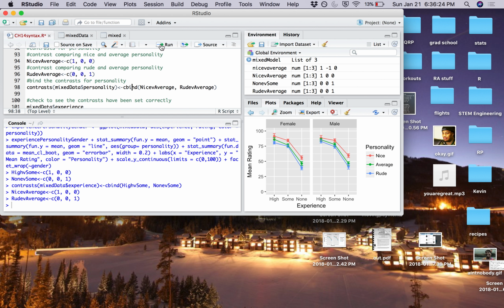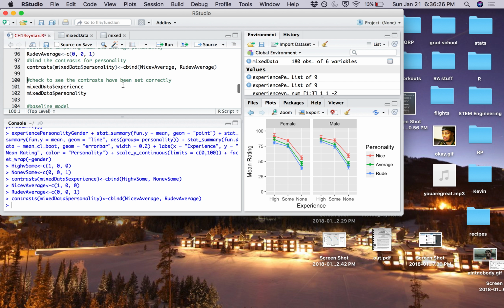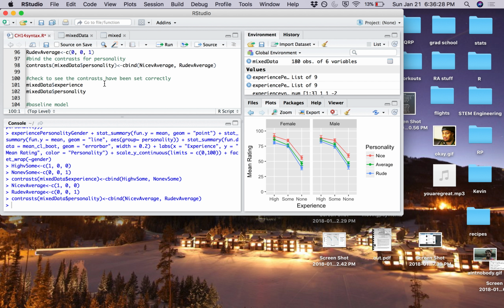And then we will bind those contrasts as well. Okay, so next we will, oh, and this is important to note, because gender only has 2 levels of male and female, the default contrast will just automatically work for this. But if you have more than 2 levels, you have to set contrasts for that variable. I just don't have them in this case.